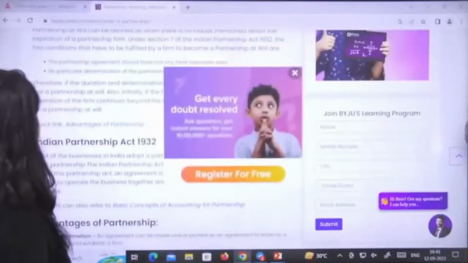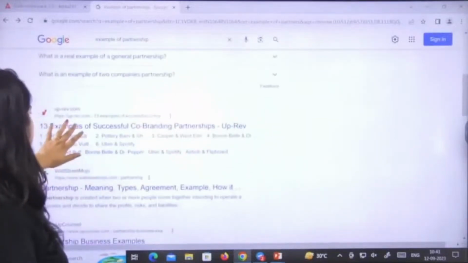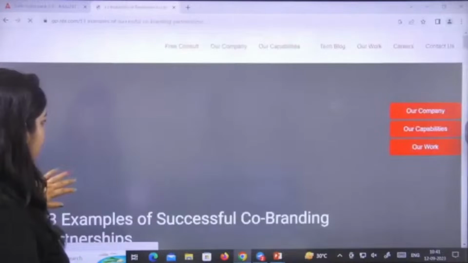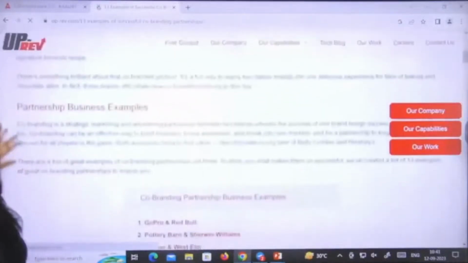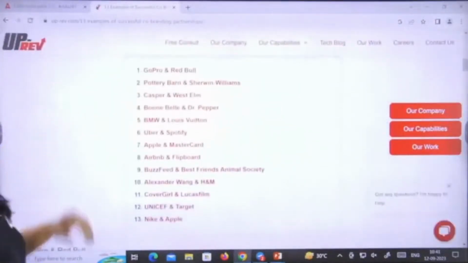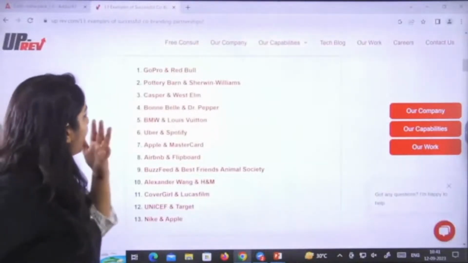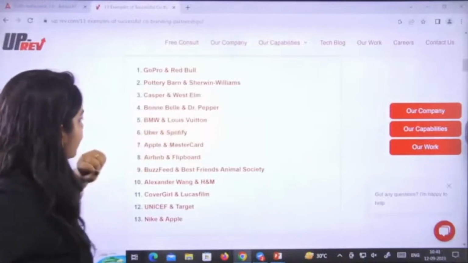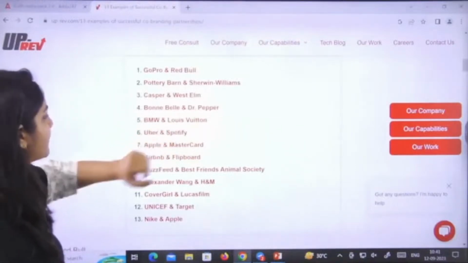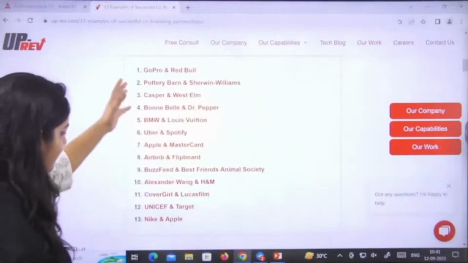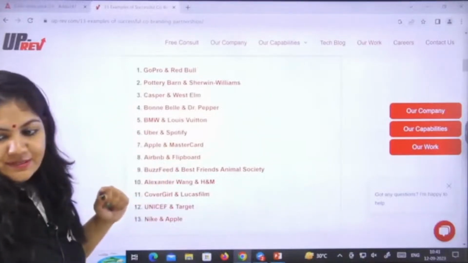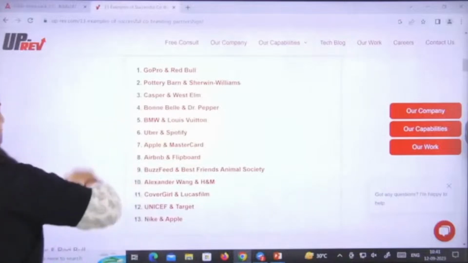Let me show you more examples of partnership. These are examples of partners: GoPro and Red Bull, BMW and Louis Vuitton, Uber and Spotify, Apple and MasterCard, Nike and Apple. So these are the examples of partnership.